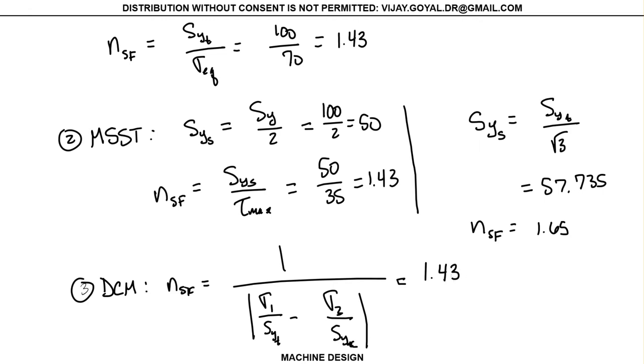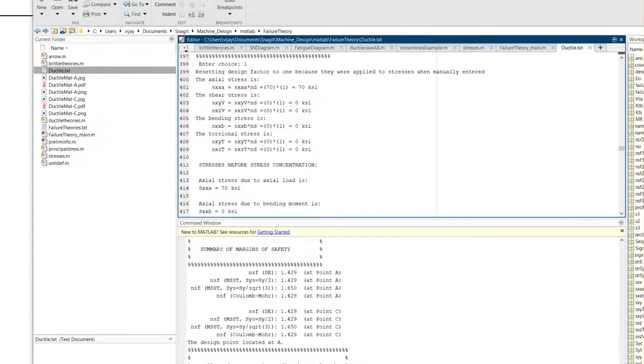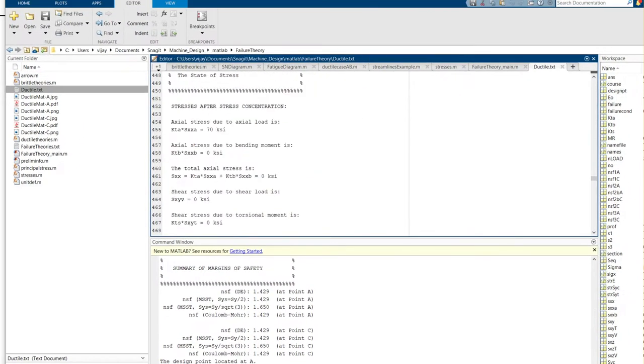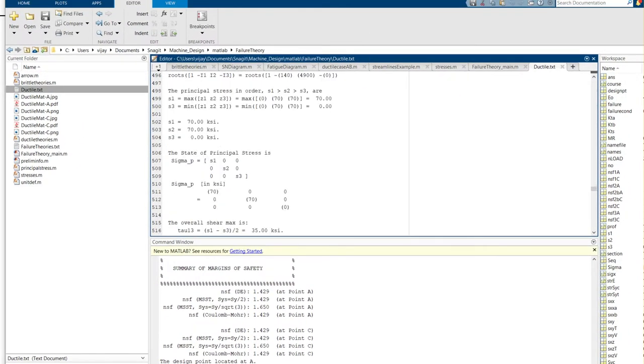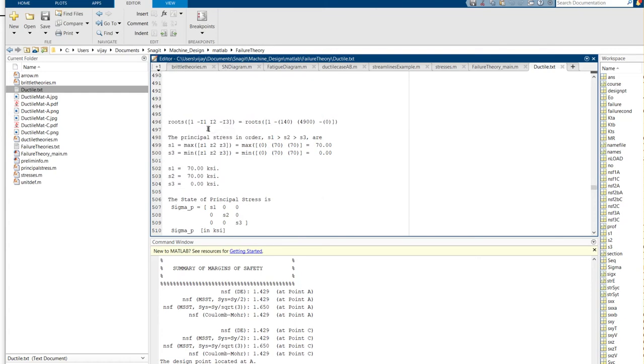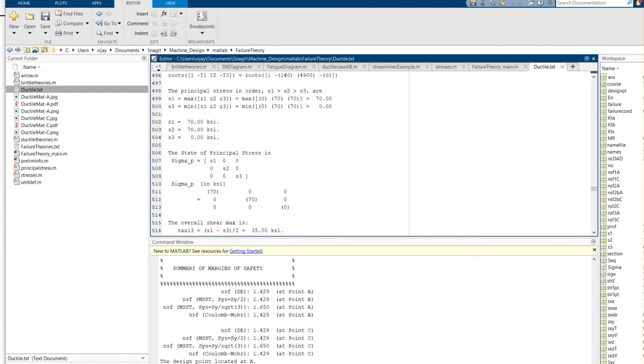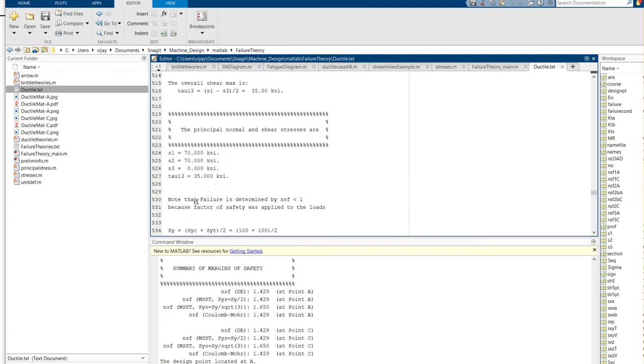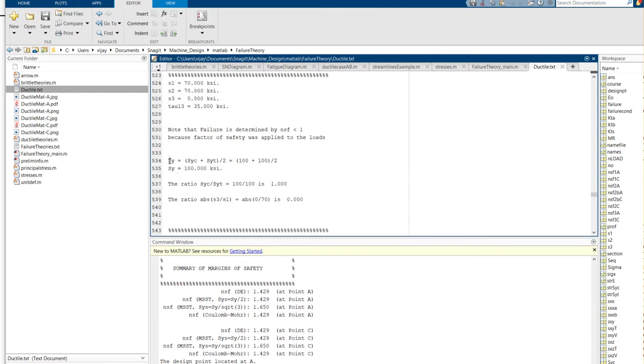So in this particular problem that we are solving, what you can see is the code gives you all that and makes you run it twice actually. And then it gives you your principal stresses. So when you put everything in, it gives you what your principal stresses are, and calculates the average of this for the maximum shear stress theory or von Mises.